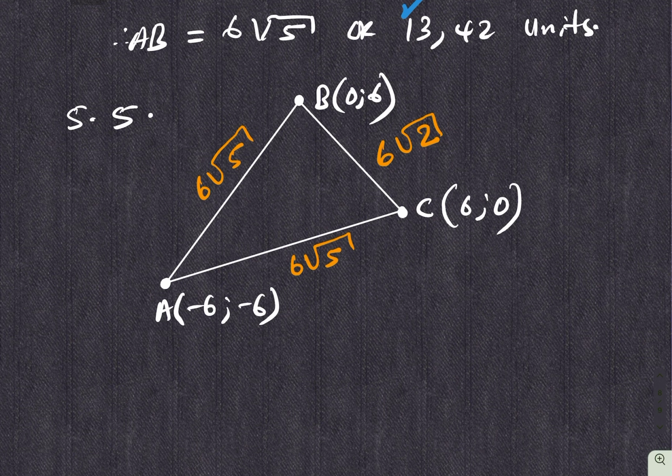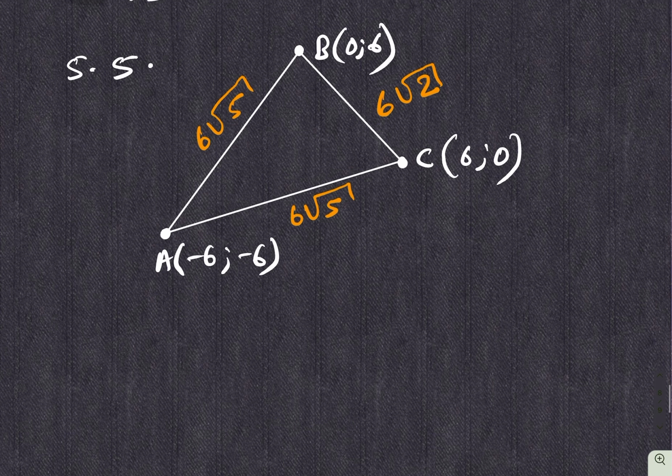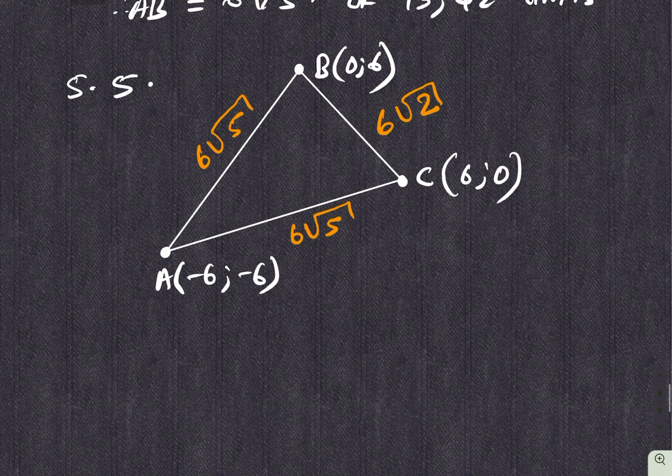You will definitely correct me if I'm wrong, but I see I'm correct. I trust myself very well. That distance will give you 6 square root of 2.